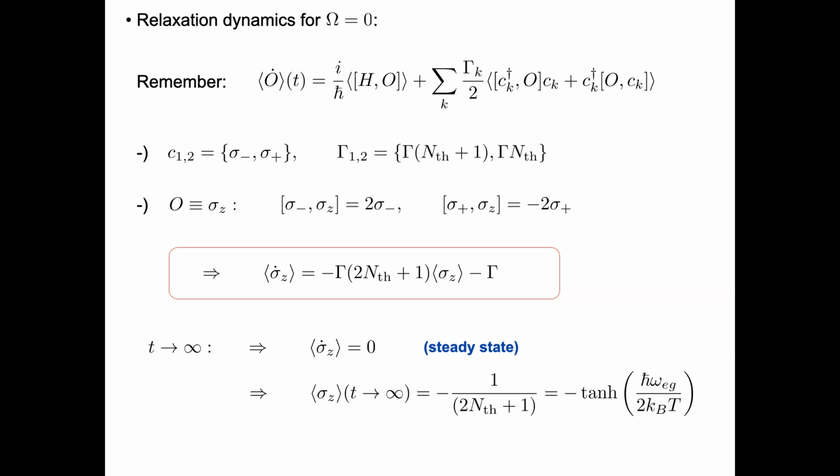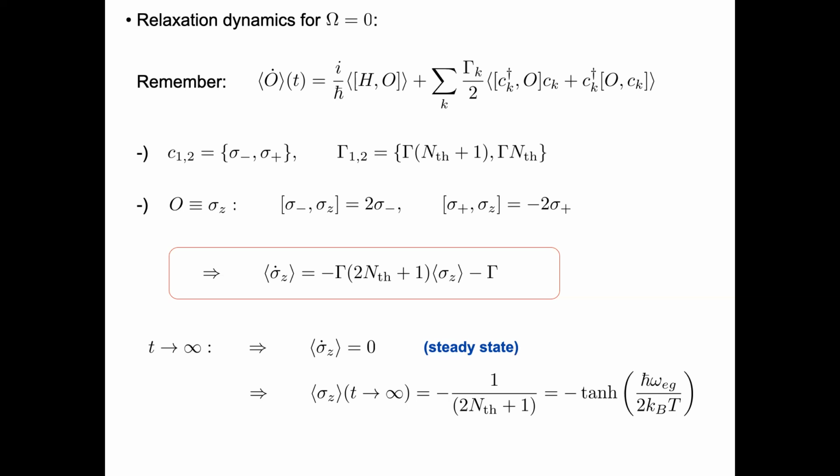So you have 1 over 2 n thermal plus 1. Now keep in mind that n thermal is 1 over e to the exponential, h bar omega over kB T, minus 1.